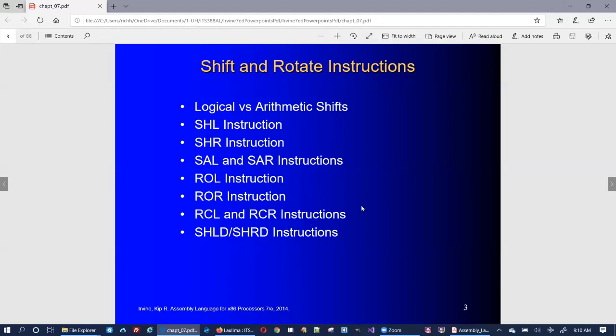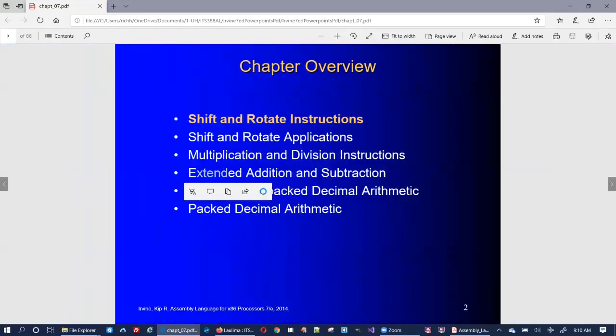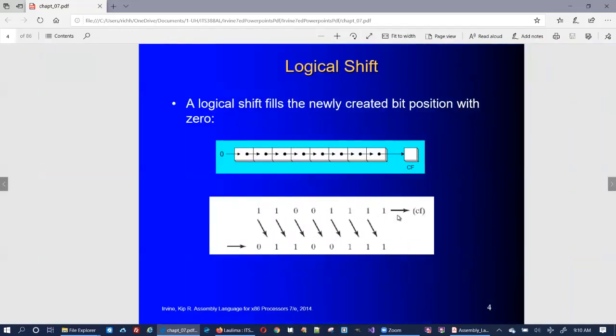You would use these instructions if you wanted to do multi-word shifts, where you're shifting large extended values stored using multiple words in memory.